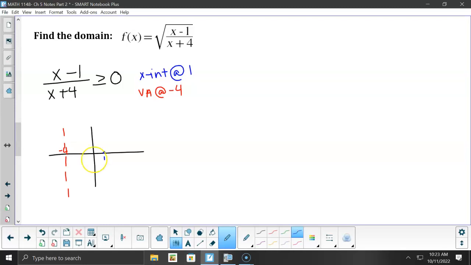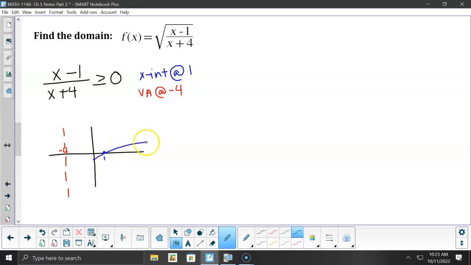We get stuck. So what I did was I went through and I said I know I have a vertical asymptote at x equals -4. And then I know I have a y-intercept at x is +1. Right? So what happens if I plug in 0? Do I get a positive or a negative? -1/4.